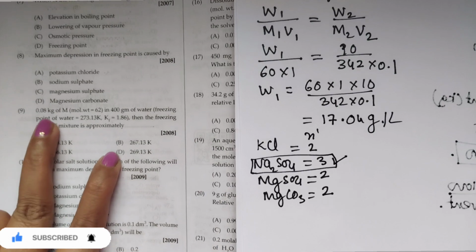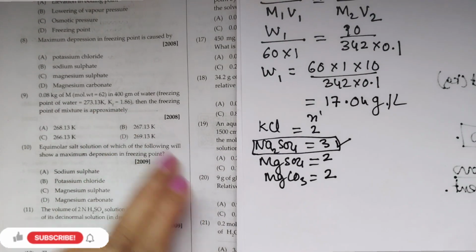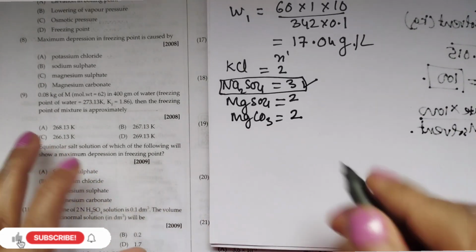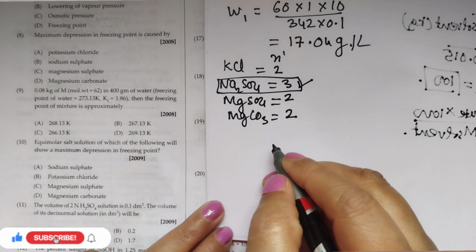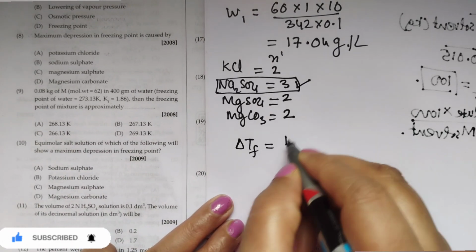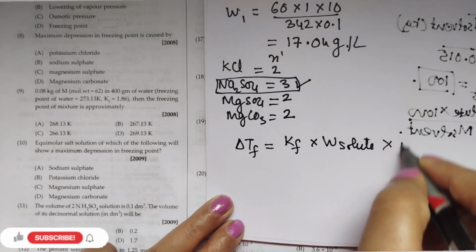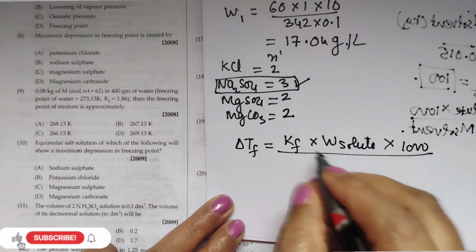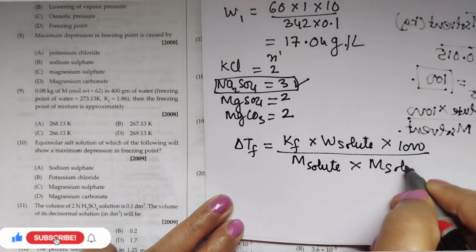Let's see the next one. 0.08 kg of the solute, and the molar mass is given. So let us first write down what all things are given so that we can substitute the values. Here you can use the formula directly to calculate this. The formula is delta Tf is equal to Kf multiplied by mass of the solute multiplied by 1000 upon molar mass of the solute multiplied by mass of the solvent.